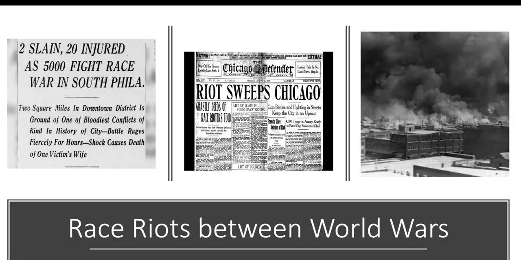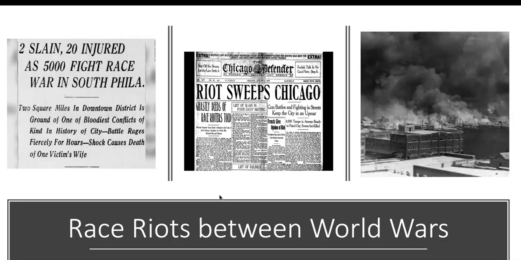So in these northern cities during the Great Migrations, you see race riots just erupt. In fact, in the month of July 1919, just 1 year after the end of World War I, there were race riots in 20 cities and towns in just that single month, right? 20 race riots.